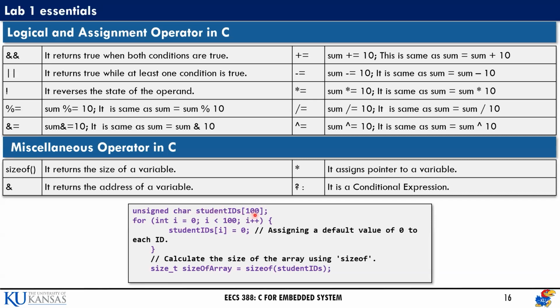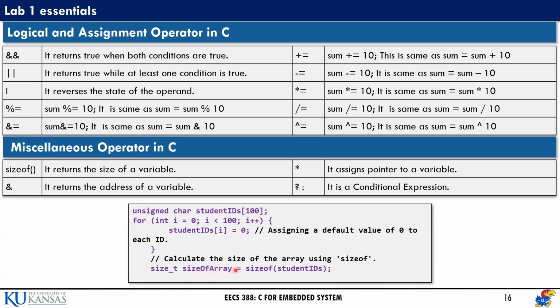So this array should have a total of 100 IDs, and each ID is only 8 bits or 1 byte. So it should be a total of 800 bits of memory, right? So if we want to calculate the size of this array, we can calculate it using sizeof, as you can see here.